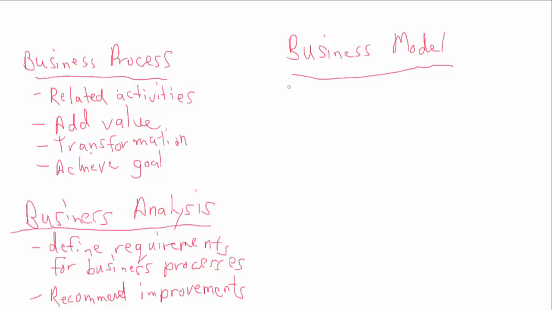So maps are a good example of a model. Basically, a model is an abstract representation of some real-world item, in this case, a business process.